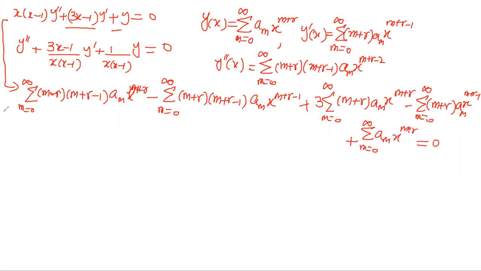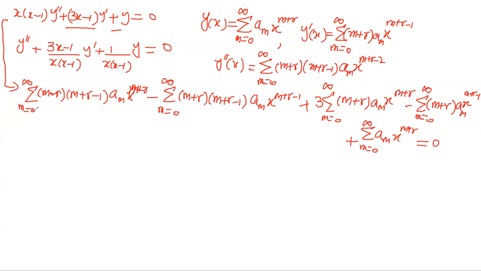So after we have set up this equation, we also have a lot of work to do. But one thing we can do is determine the value of r by equating the powers of the lowest term. The lowest term will be x to the power r minus 1.